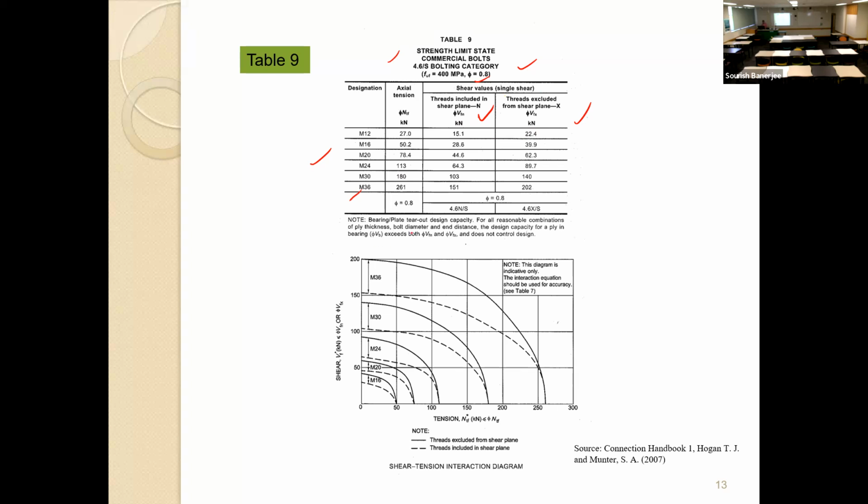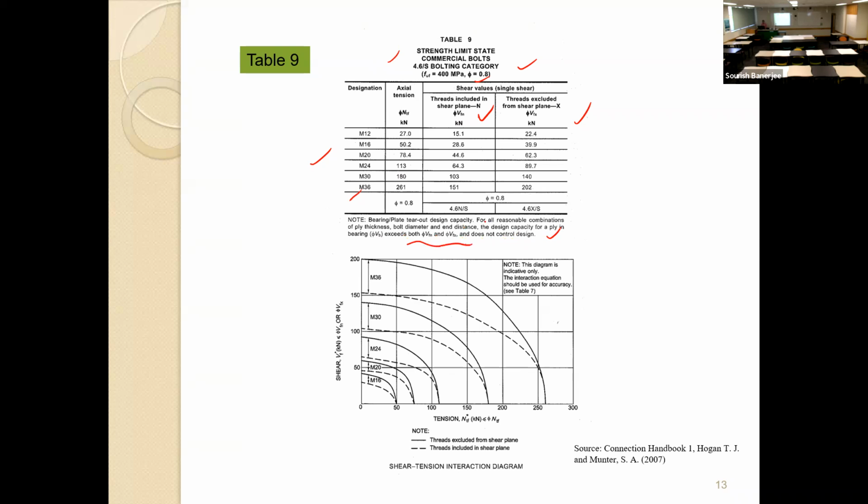Now, if you look at the note, it says: bearing or plate tear-out design capacity for all reasonable combinations of ply thickness, bolt diameter, and end distance, the design capacity for a ply in bearing exceeds that of the bolt and does not control the design.